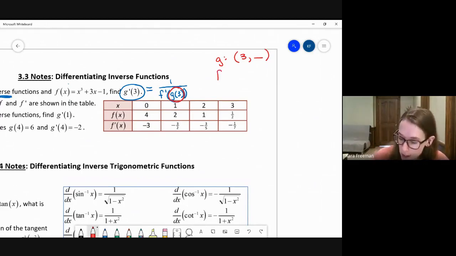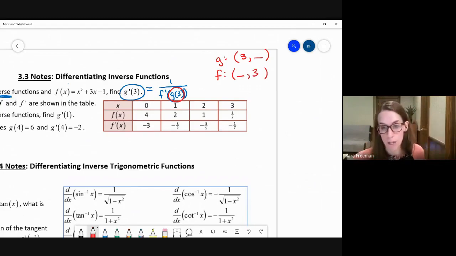Now, if f and g are inverse functions, that means their x's and y's are switched. So that means for f, the point would look like this. Do you agree with that, if f and g are inverses? So I'm given information about f. I'm not given information about g.